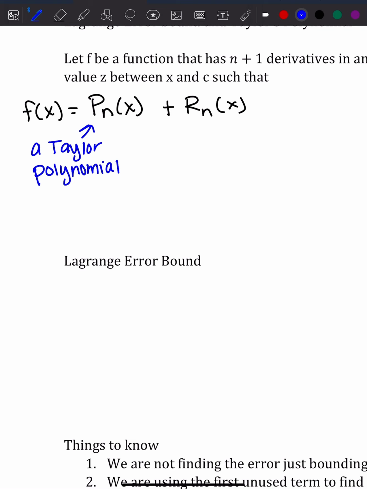The second piece here is our error, the remainder of what we have left over. The polynomial that we make, the Taylor polynomial, is not going to be an exact match to our function because we end at a certain n value, but it becomes really close. So this equation over here is going to be that remainder, the parts that we are missing.